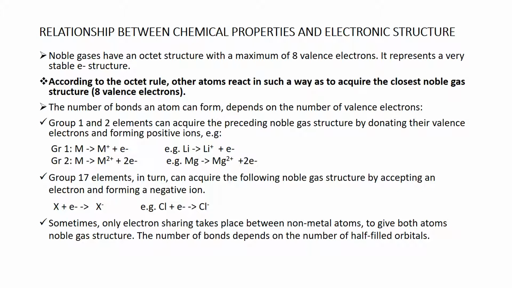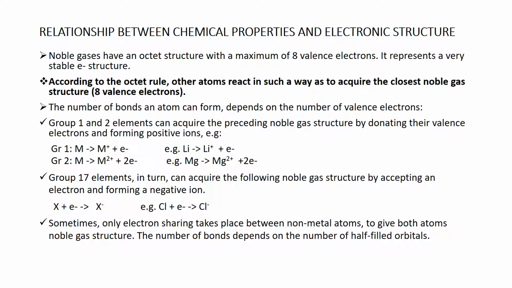So for example, chlorine and fluorine prefer to gain 1 electron. Fluorine gains 1 electron so that it can acquire the structure of neon, and chlorine gains 1 electron so that it can acquire the structure of argon, and also sulfur and oxygen. Sulfur prefers to gain 2 electrons so that it can acquire the structure of argon.